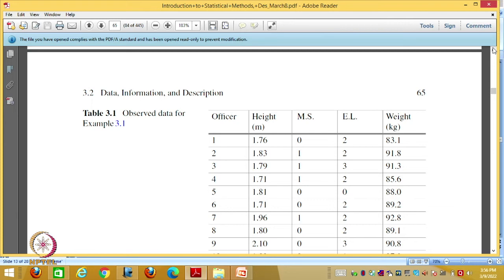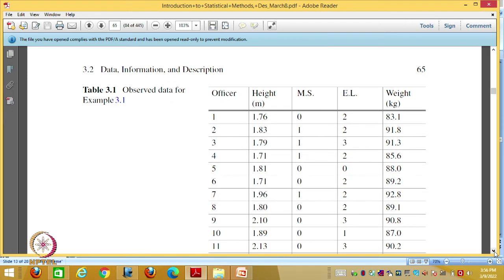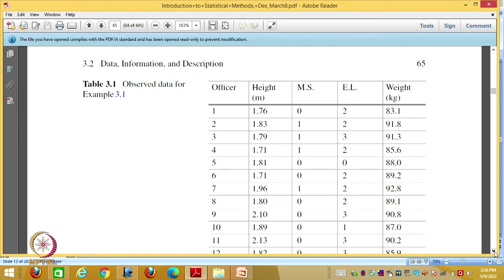Yes, this is the one particular example which we are going to discuss in this course. We are collecting data of 20 persons to do the statistical analysis of different things. For that we have collected 20 samples, the sample size is 20, and we have noted down their heights, then the marital status, and then their weights, and what is the meaning of EL?